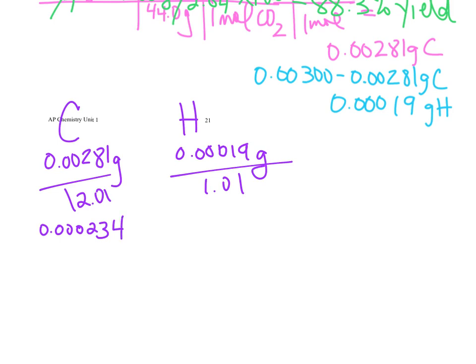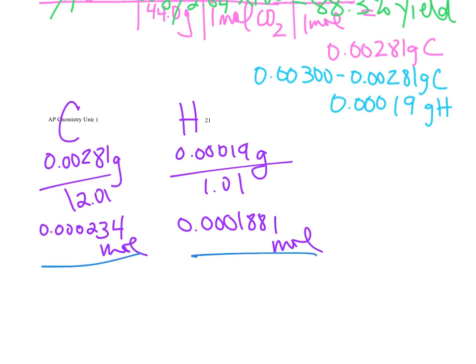Scientific notation works really well here too, 0.00018881. Now this is moles of each, right? So now what do I have to do? I always divide by the smaller of the two. Don't get this confused with limiting reactant. We're taking both moles and dividing by the smaller, not anything to do with the coefficients in any balanced equation.